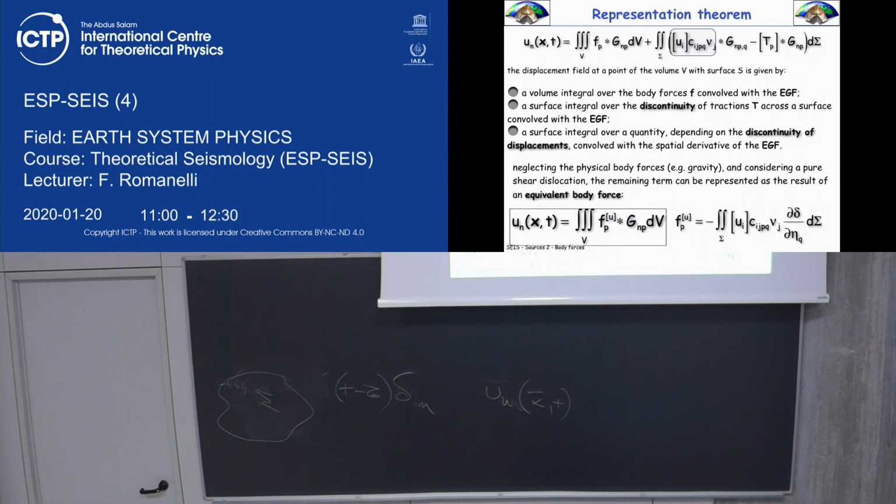These equivalent forces can be imagined like this. So we have a delta with an arm in Q acting in P, so arm, force. What about the amplitude of this force here? Well, it's related to the amount of slip in that point times mu with a geometrical information, because n could be like that if it is a plane.